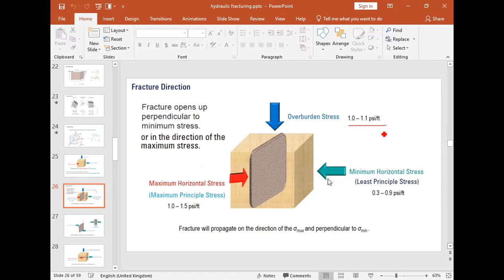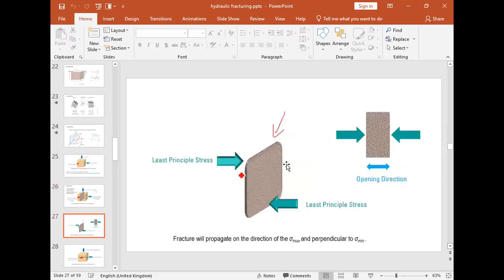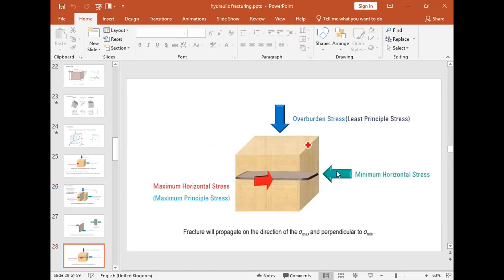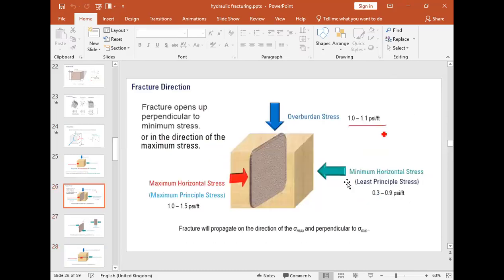So all of this stress regime also will go a long way in defining the overall geometry of our hydraulic fracturing after the hydraulic fracturing job has taken place. All right, so look at this, exactly what I'm talking about. If you look at what we have here, in this particular case, the overburden stress is greater than the minimum horizontal stress.